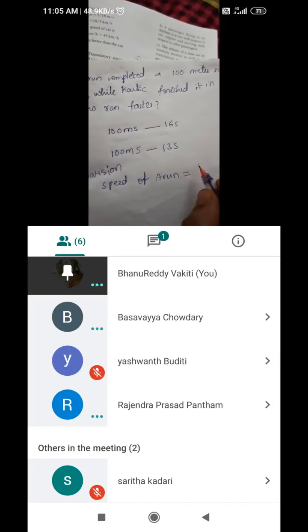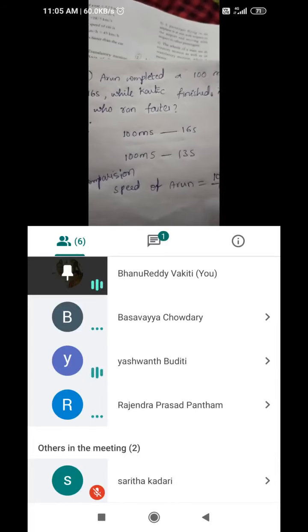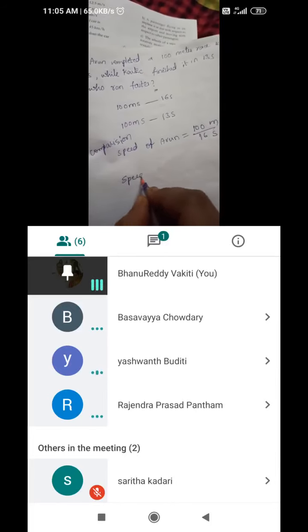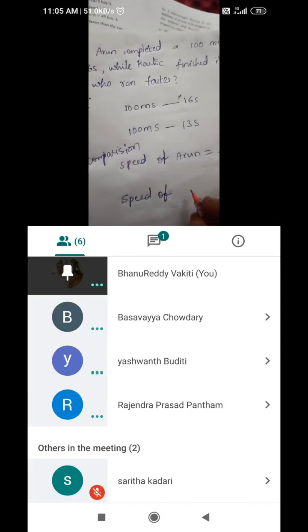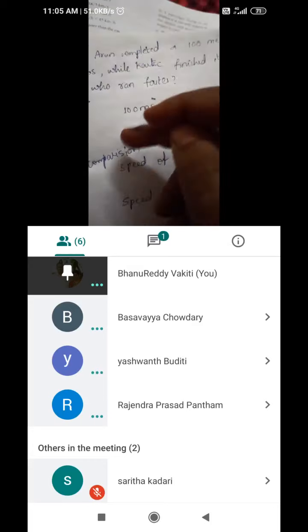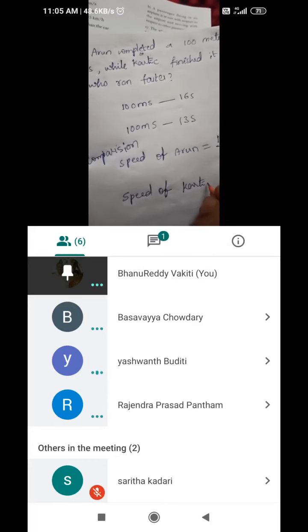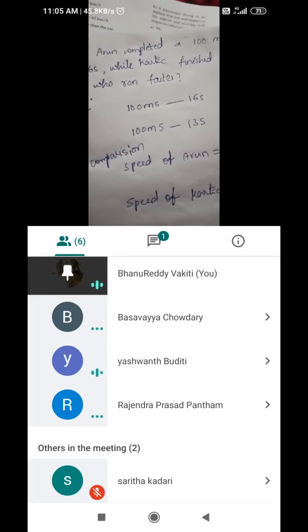Yes, 100 meters by 16 seconds. Next is speed of Karthik, equal to 100 meters by 13 seconds.